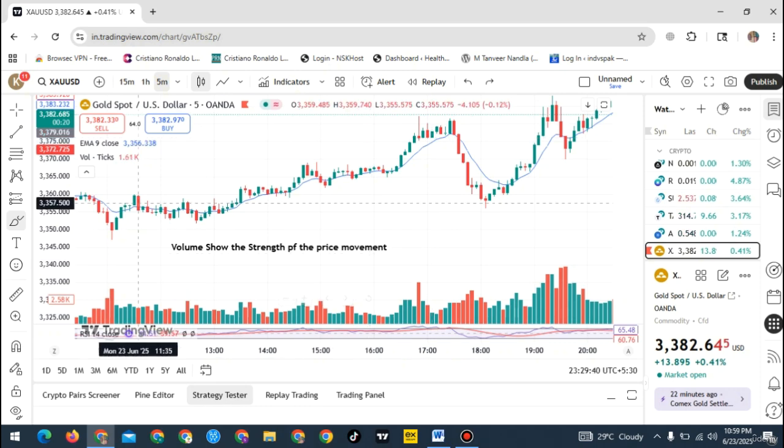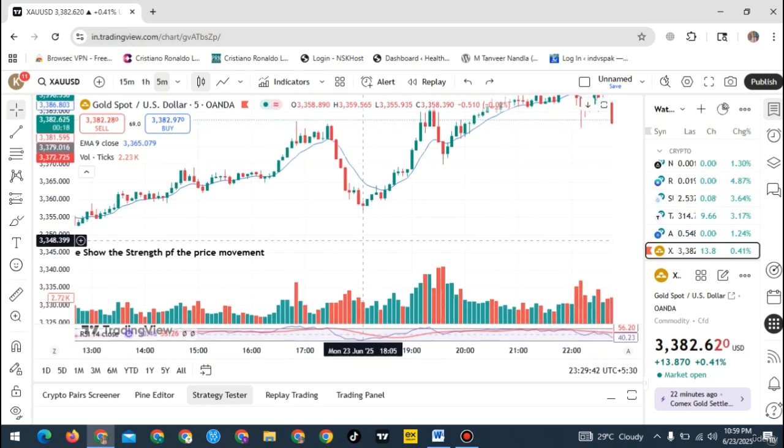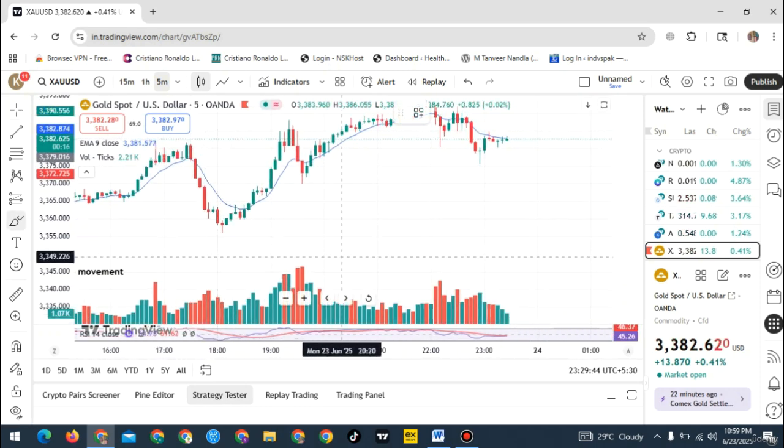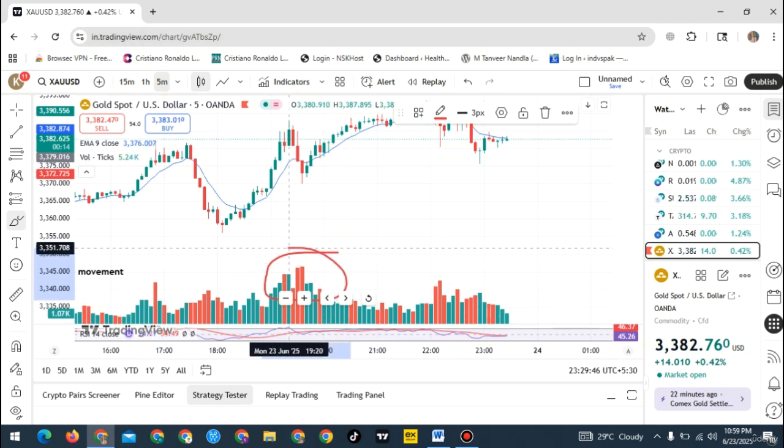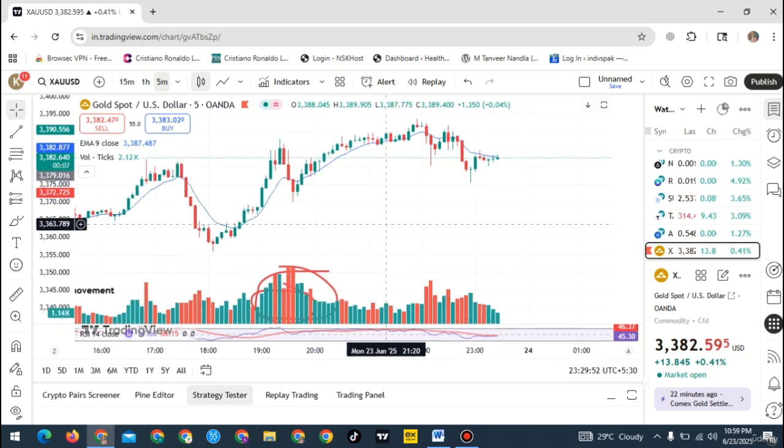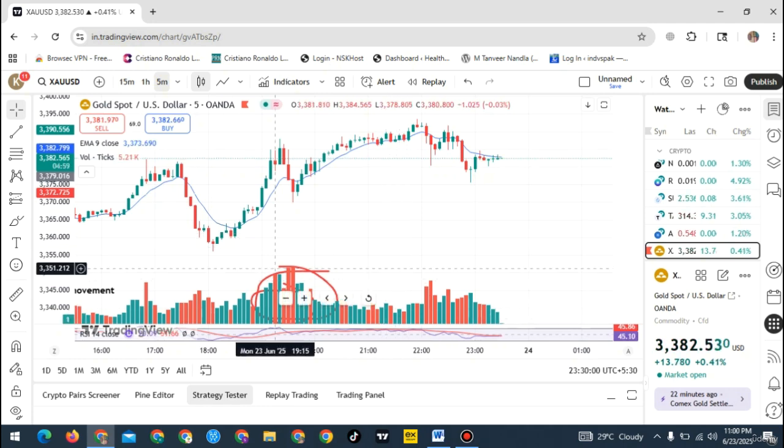If there is a high volume come in the market like this one, you see there is a volume come in the market, high volume, this one. What does it indicate? It indicates that the market will give some activity.